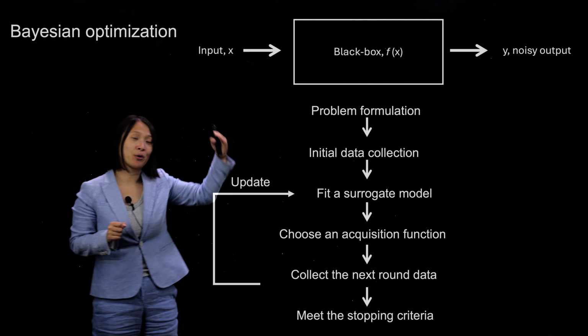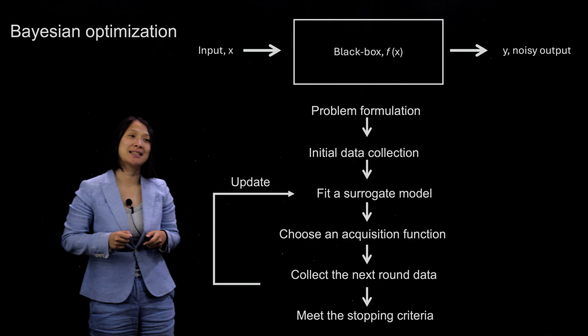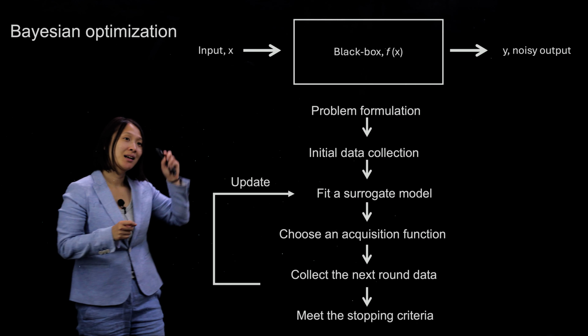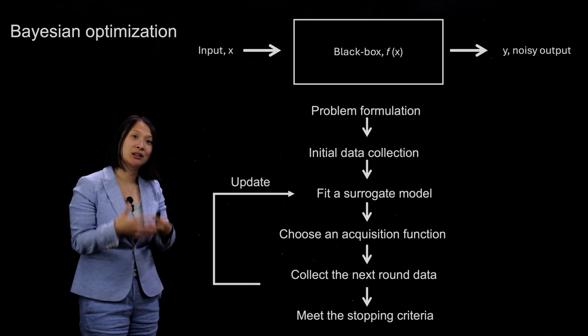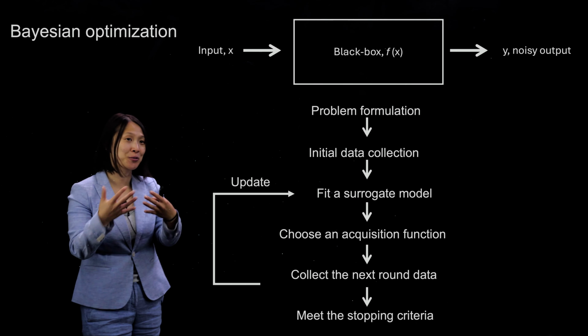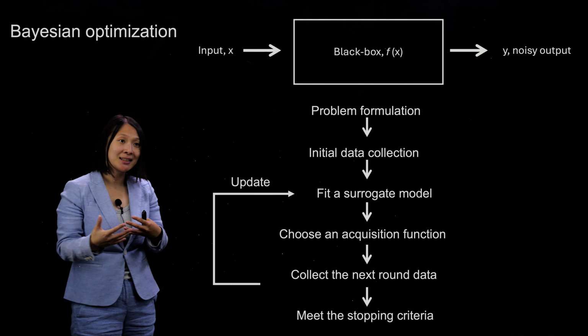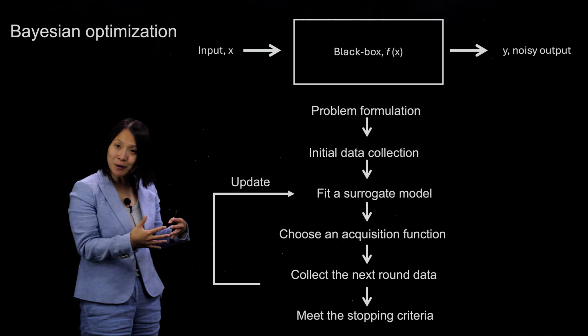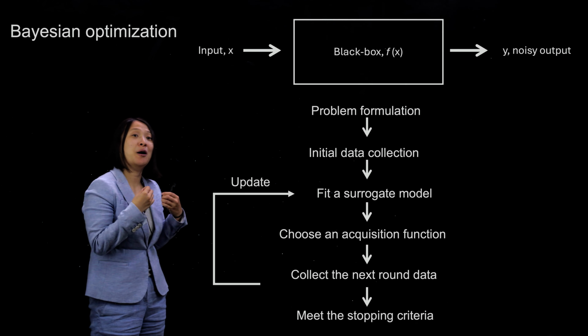So often we'll go through a series of steps to conduct a Bayesian optimization process. We'll start with formulating our challenge into the goal for our optimization algorithm to try to reach. We'll start taking some initial data set to build a surrogate model, which is an approximation of the true function we don't know.